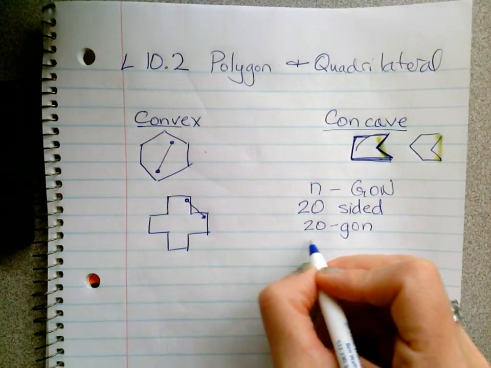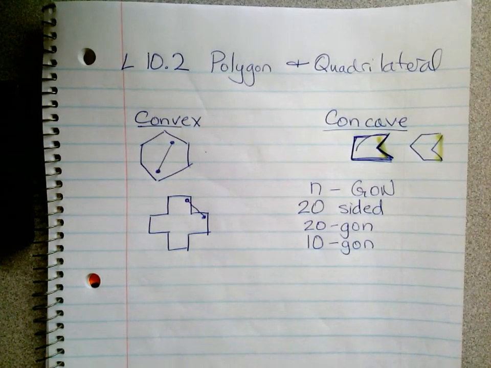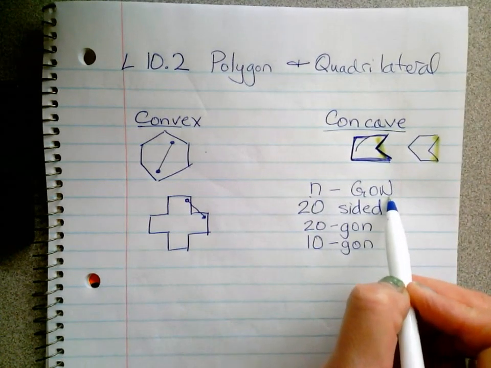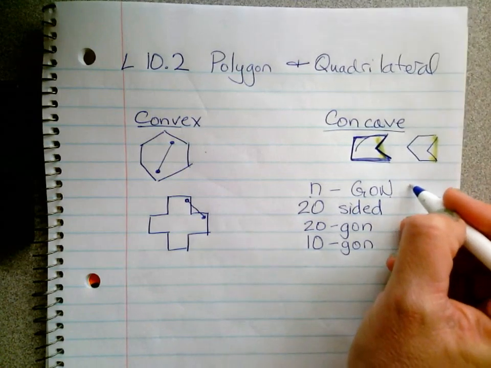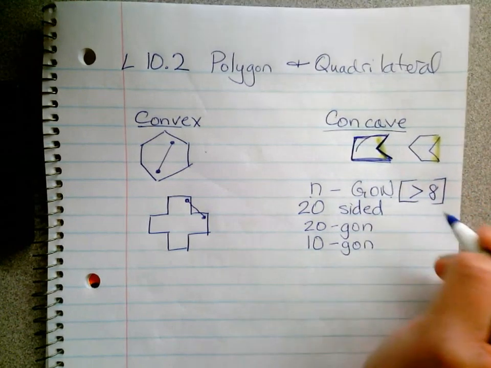A 10-gon, I mean, you won't really use this. And so on. Maybe there's something out there that's different, but N dash gon describes any polygon with sides greater than 8. Okay?